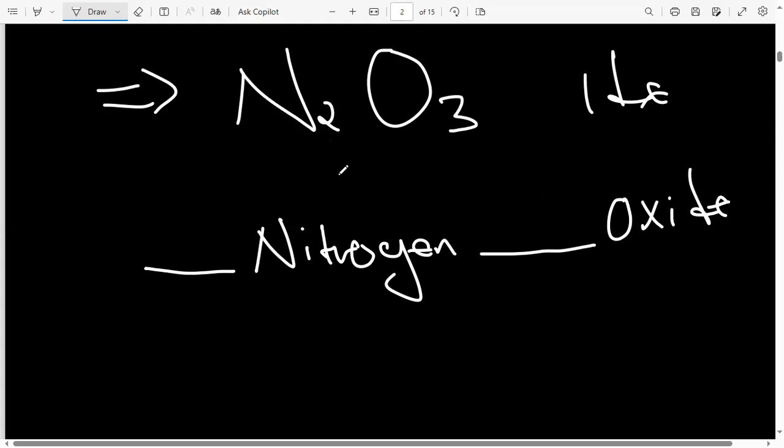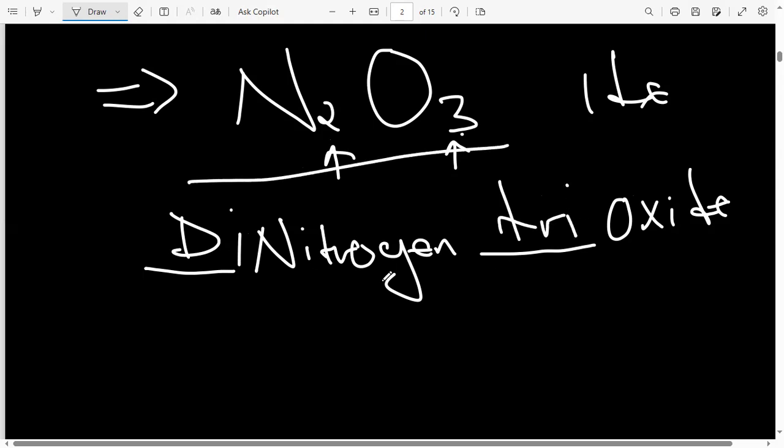And then you consider these prefixes that you've been given here. The prefix for this nitrogen is 2, and 2 we said is what? Di. And then this one is 3, and 3 we said is what? Tri. So the full name of this compound will be dinitrogen trioxide.